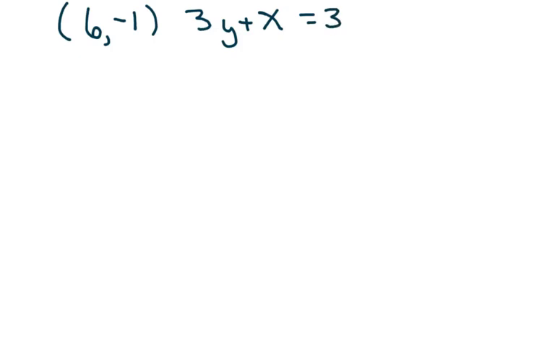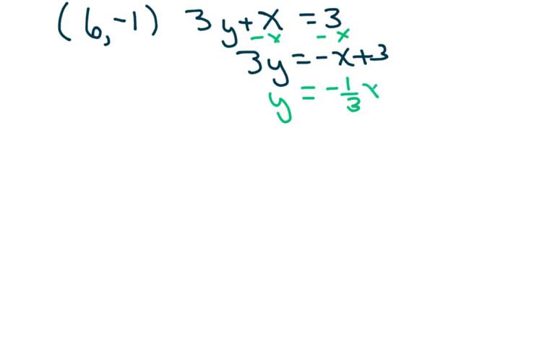Okay. And let's do a little more difficult one. Let's try 6 comma negative 1. And we have 3y plus x equals 3. I'm going to rewrite this as 3y equals negative x plus 3. I just subtracted x from both sides and divide everything by 3. We don't really care about all that.